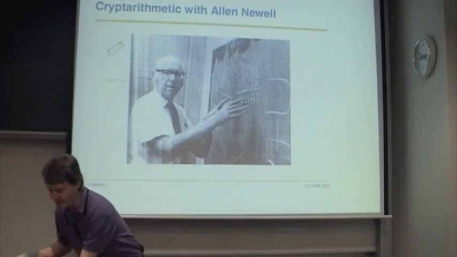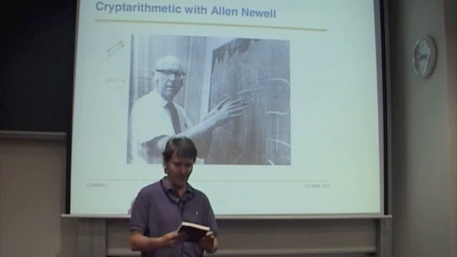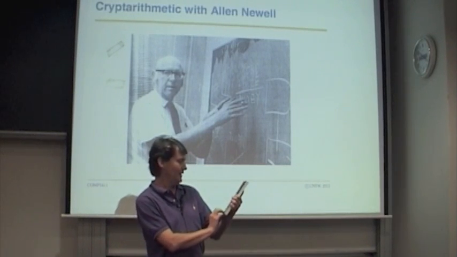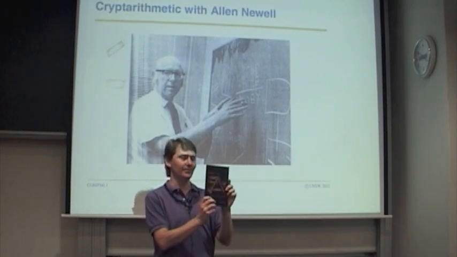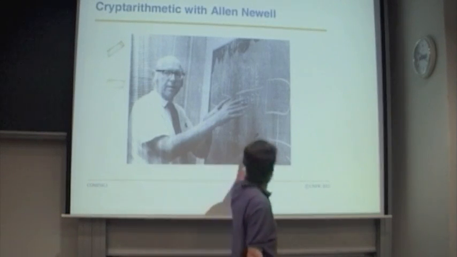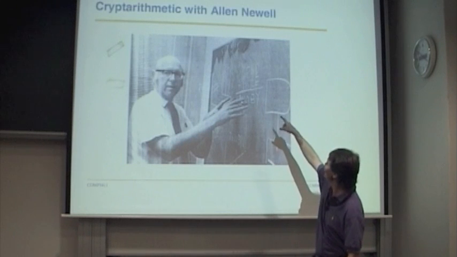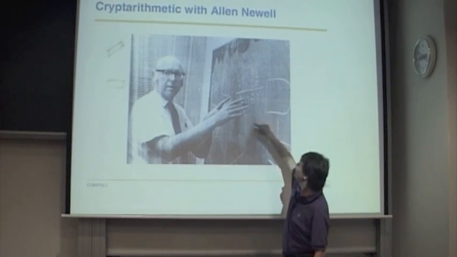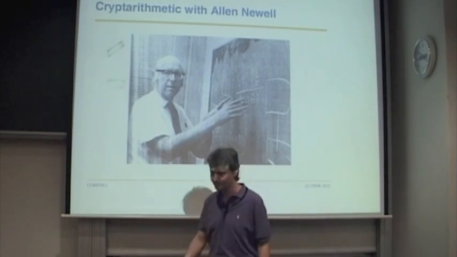And by the way, his collaborator Herb Simon wrote the book The Sciences of the Artificial, which I also highly recommend. But he apparently loved this SEND + MORE = MONEY puzzle. You can see it here written on the blackboard.